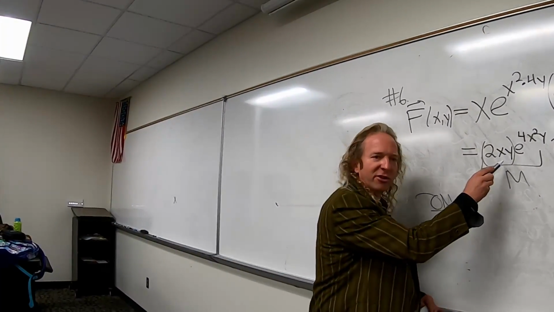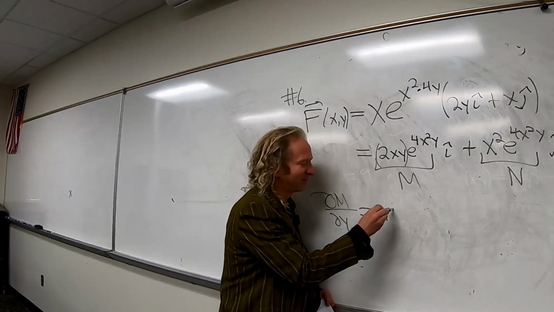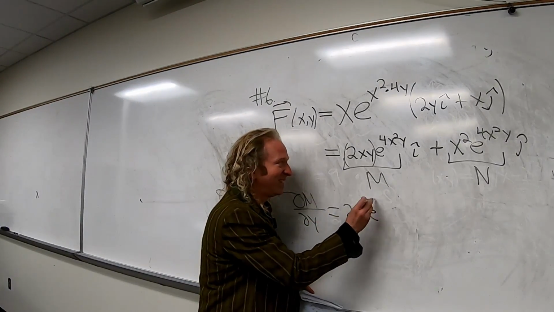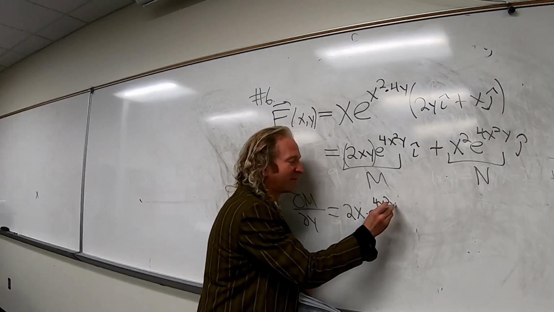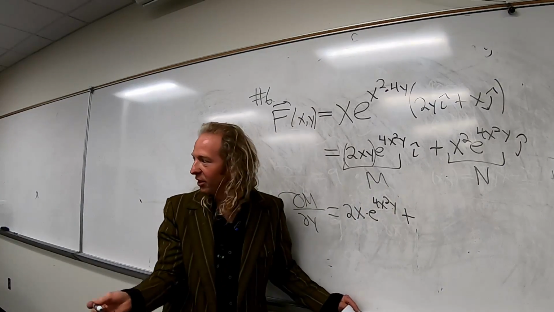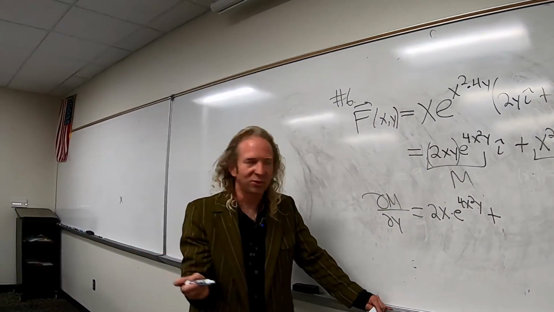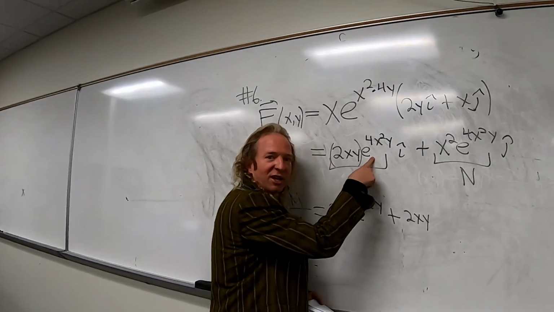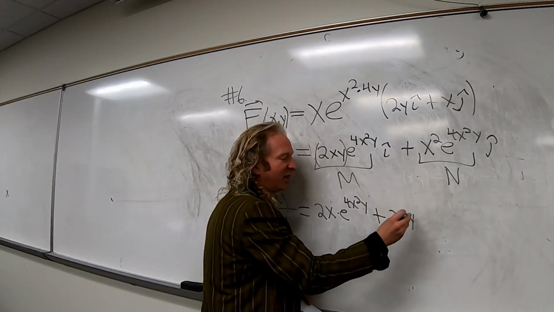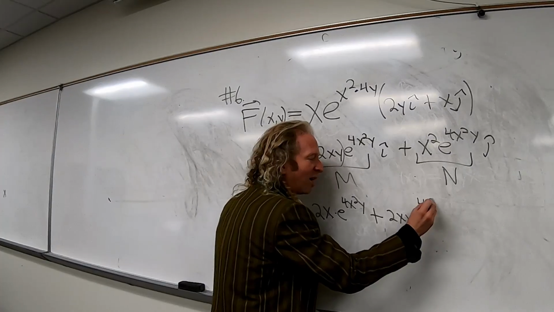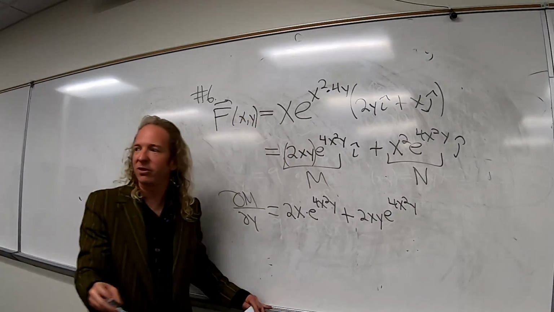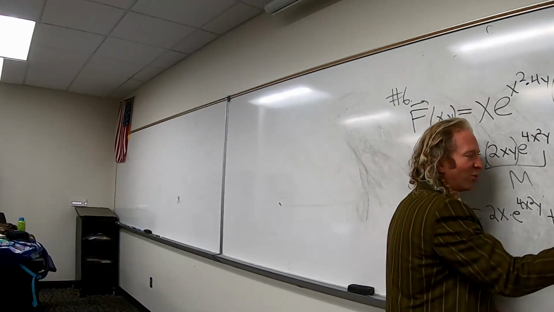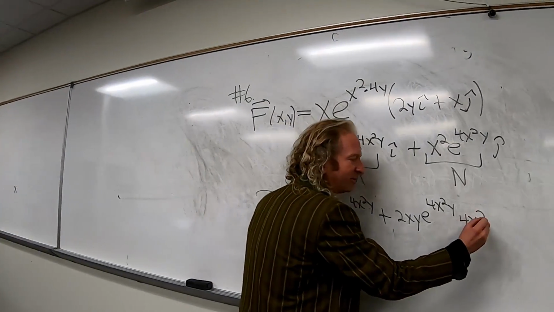Derivative of the first is 2x times the second. So this is e to the 4x squared y, plus the first, which is 2xy, times the derivative of this, which is simply e to the 4x squared y times the derivative of the inside, that's the chain rule. Because the derivative of y is 1, so you get 4x squared.